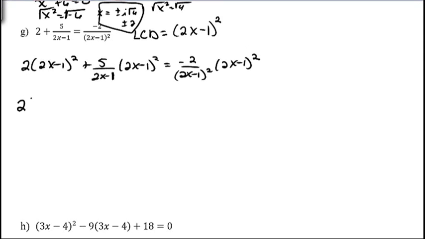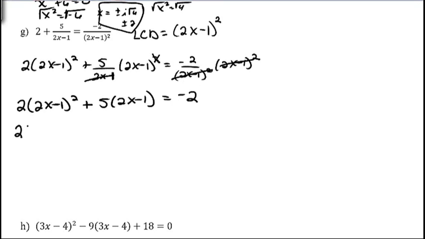So our first term is just going to be 2 times the quantity 2x minus 1 squared. Plus here, this 2x minus 1 cancels with only one of those, so I have plus 5 times the quantity 2x minus 1. And it's equal to, both of these are going to cancel this time, so just negative 2. So I want everything on one side, so I'm going to add that 2 to both sides.